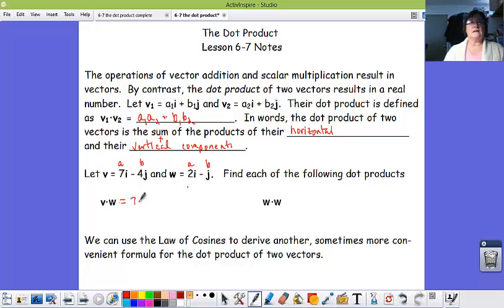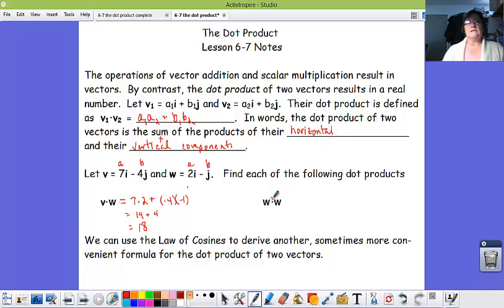So 7 times 2. And we're going to add to that the product of the b's, so negative 4 times negative 1. That's 14, plus a positive 4 since you multiplied the two negatives. So the dot product of v and w is 18, right? It just produces a real number.